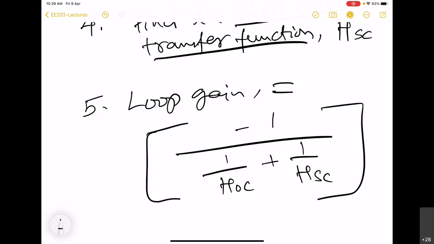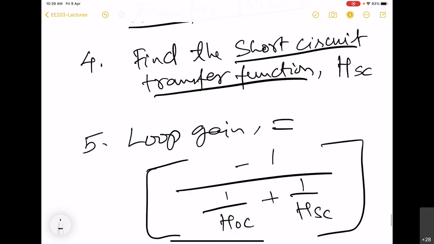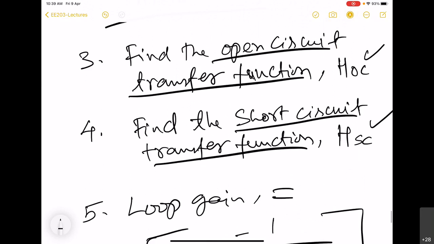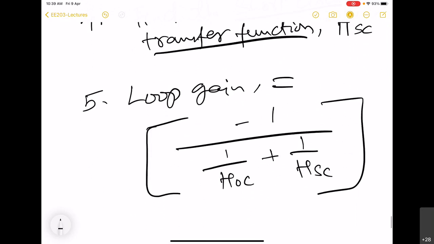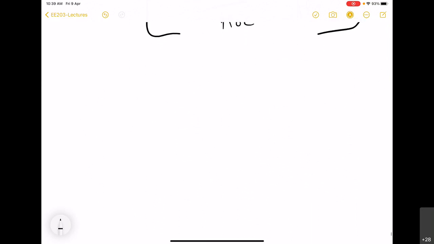So here this is what we will have to do, and for finding HOC and HSC we have to set up a different circuit. So suppose, for example, after breaking the loop, this is the scenario.